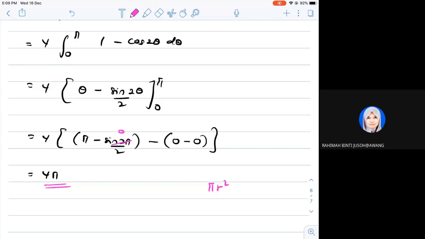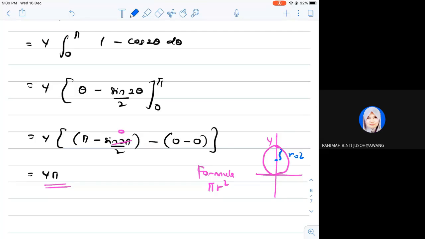Like one of your friends asked just now, it's a very good question. Okay, the formula is pi r squared, isn't it? As we know the graph is like this just now, equals to 4. This is a complete circle. So we know that the radius here is 2. R equals to 2.